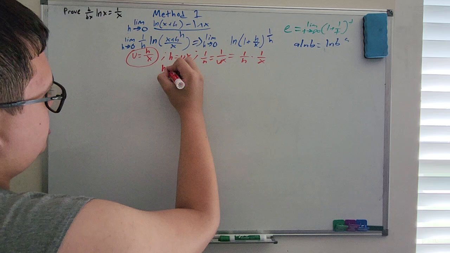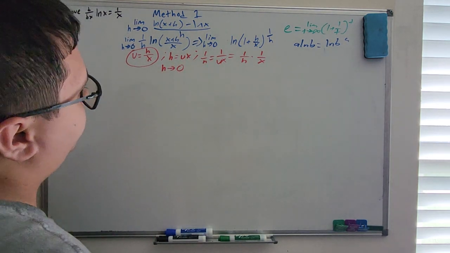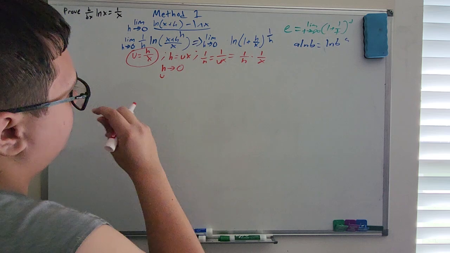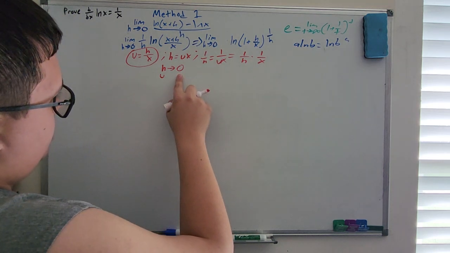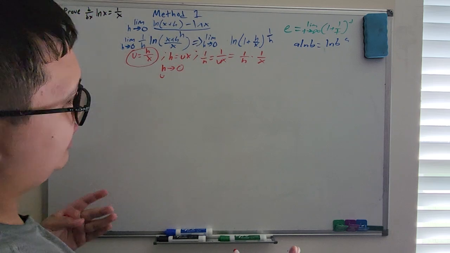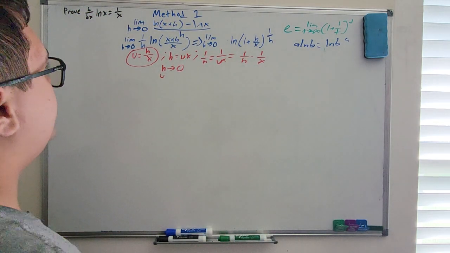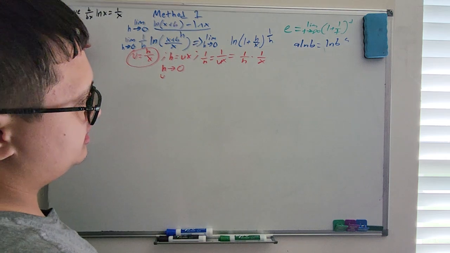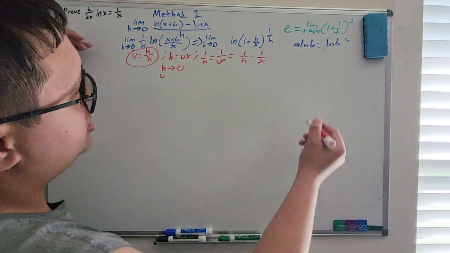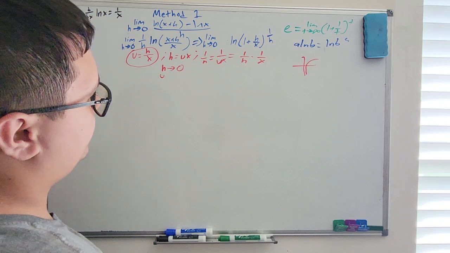We know that h approaches 0, right? So we want to find out what u approaches. We know that h is 0, so 0 over a number, unless it's 0, is 0. Luckily, the natural log of x doesn't approach 0 when you draw a graph of it, right? It never approaches x.